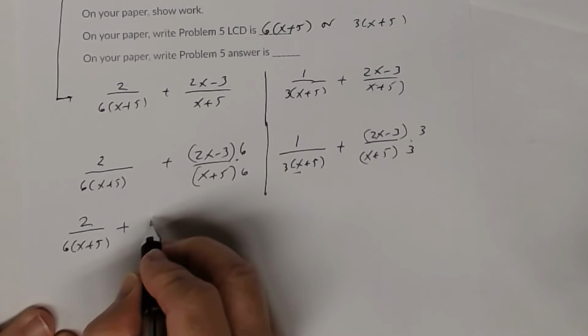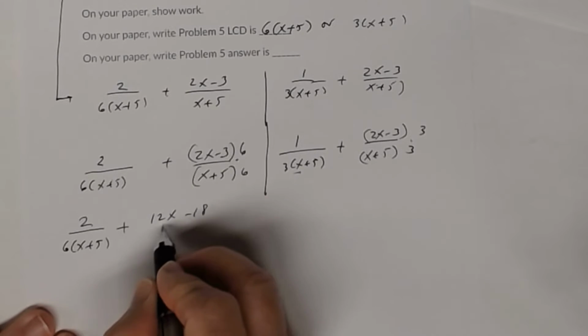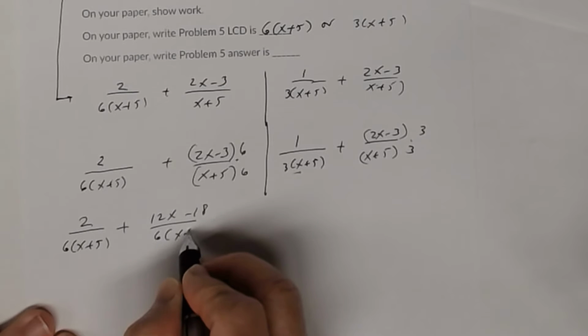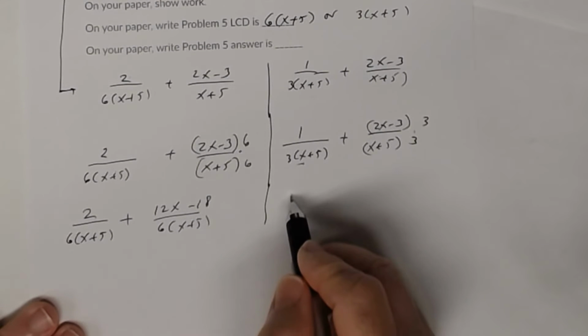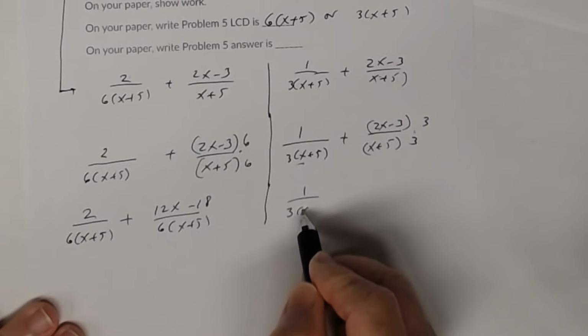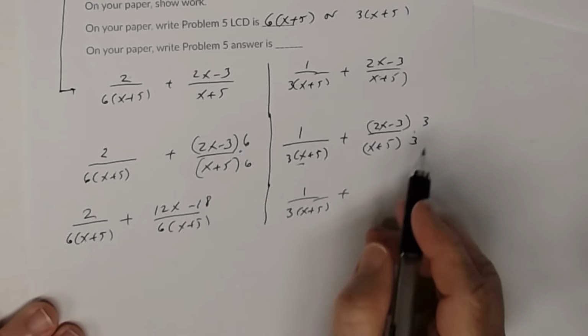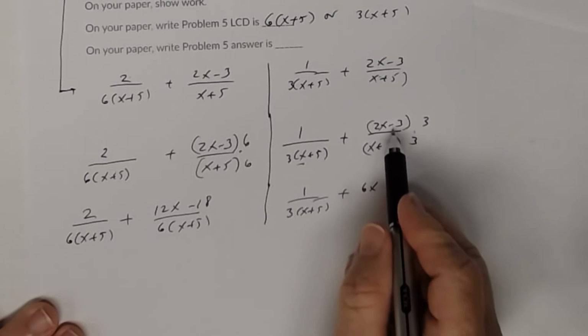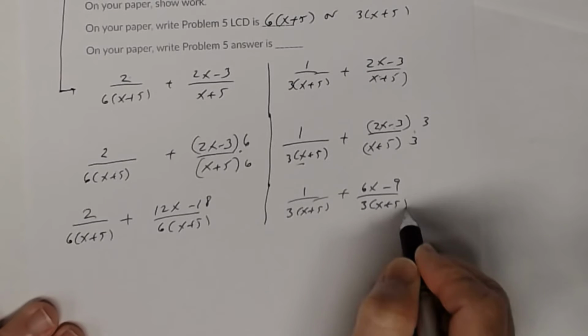So 2x times 6 is 12x, and then negative 3 times 6 is a negative 18, all divided by 6 times (x plus 5). So if I did this one, you would have said this. You would have said 1 divided by 3 times (x plus 5) plus, and then distributed 3. 2x times 3 is 6x. And negative 3 times 3 is a negative 9, all divided by 3 times (x plus 5).